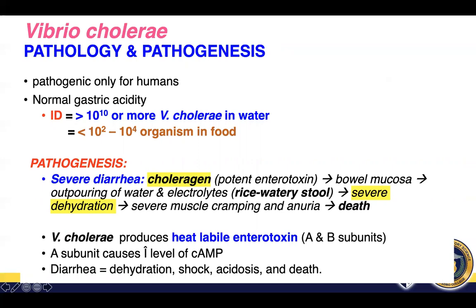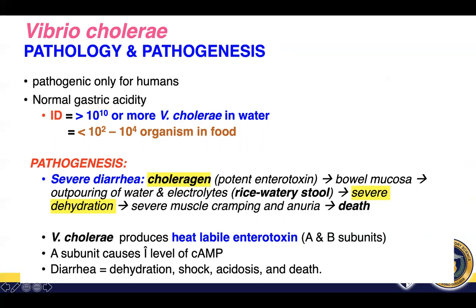Okay, in food, about 10 to the 2nd up to 10 to the 4th power of the organisms in food, okay, is enough to cause infection. So kailangan mas marami sa water, okay, to cause infection. That's under normal gastric acidity. Okay, now if the patient is taking acid suppressors, then a small amount may lead to infections of Vibrio cholerae.